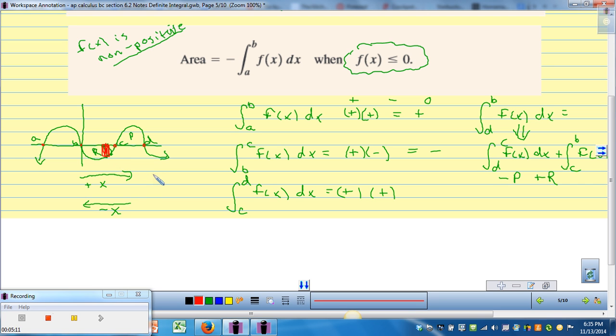And what you want to look at is if our motion in the x, so if we're going from A to B, here is my A, here is my B, my motion is to the right, which is a positive x, and the rectangle is above the x-axis, which would be like this one right here.